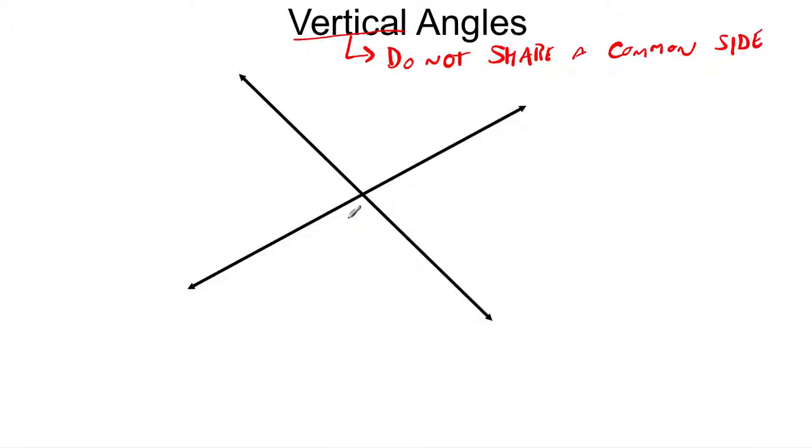So if I look at this angle here, and then this angle, opposite is a good way to describe it, we can see that there are four rays coming off of this point. No one of those rays is the same. So that means that these two angles here, so here I can say this is 1 and 2, angles 1 and 2 are vertical angles.